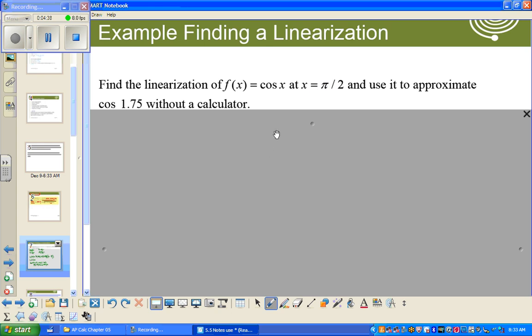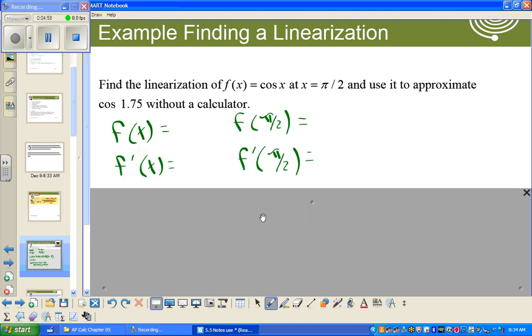To do that, if we're looking at x equals pi over 2, we're going to need to know the y value we get when we plug in pi over 2. We're going to need to know the slope when x equals pi over 2. Well, how do we get the slope? We find the derivative. So those are all things that we need to know, which, real quickly, f of x is given to us as cosine x.